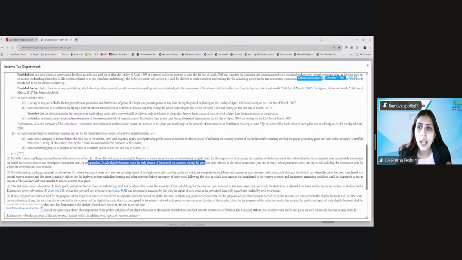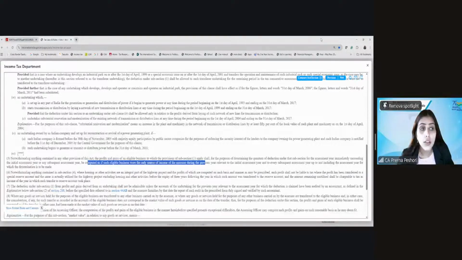Let's say I have a loss from the non-eligible business of 20 lakh, and a profit from the eligible business of 90 lakh. Now, what is my deduction under ATIA? 90 lakhs? Because we have to compute as if it is the only business, so we should not consider the loss of the non-eligible business. So 90 lakhs will be the deduction.